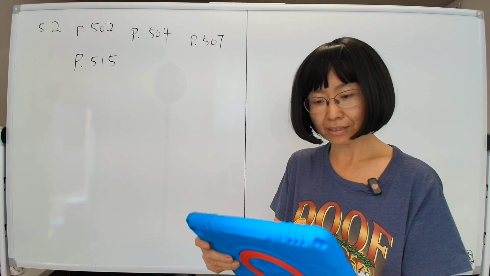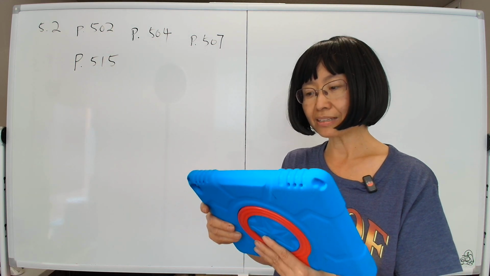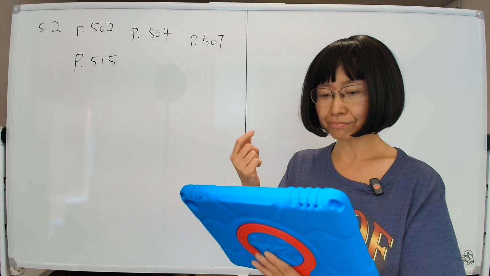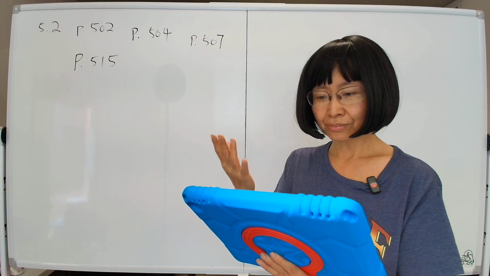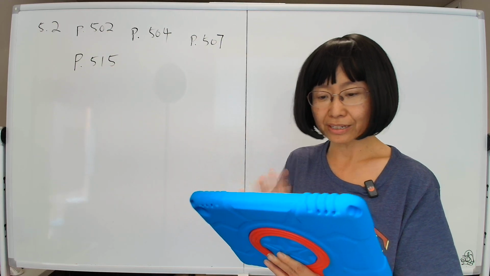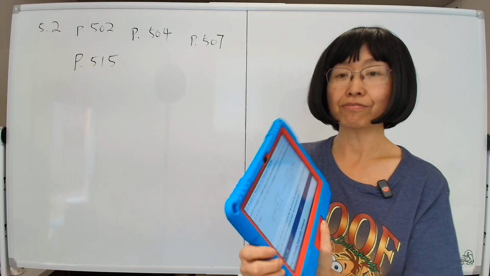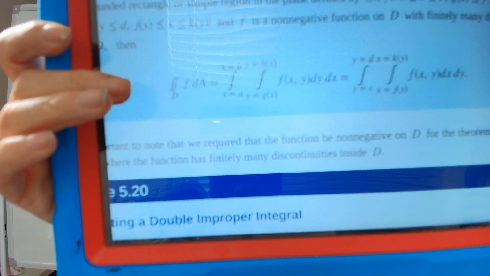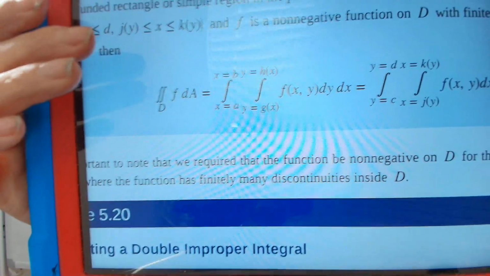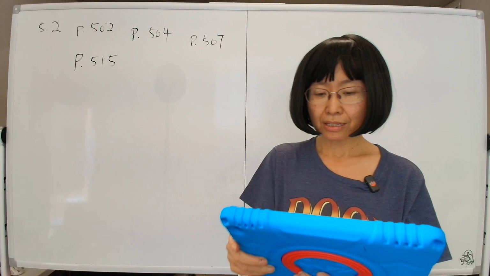In this particular theorem, f has to be non-negative, with finitely many discontinuities, then what we've been doing so far works in this case. That is, you can integrate it like we've been doing, okay? X, for example, might integrate from a to b, and then y might get integrated from y equal to g(x), that's the one curve, and y equal to h(x), the other curve. And then you crank this thing out.